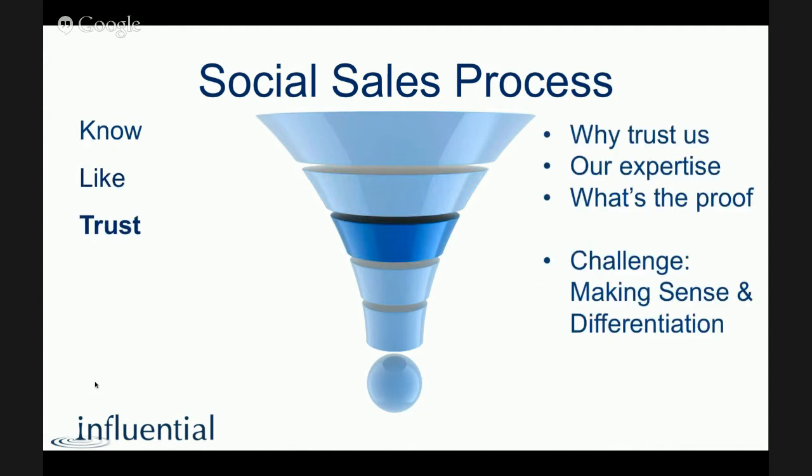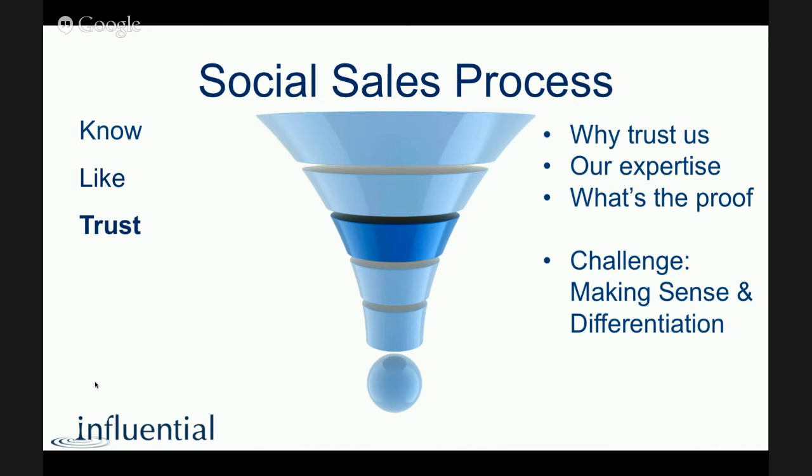As they get further into the funnel, they're starting to get more serious about possibly working with us, and they'll build trust with us. One of the ways we do this is by sharing our expertise, by myth busting, by breaking common myths they might have about the way your industry works, or that they should get results. And at this point, they're really asking, well, why should I trust you? Are you an expert? And what's the proof?